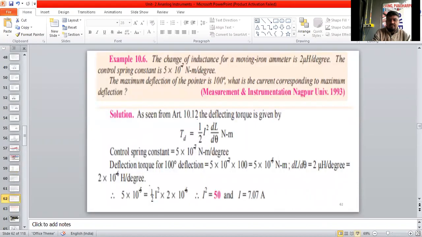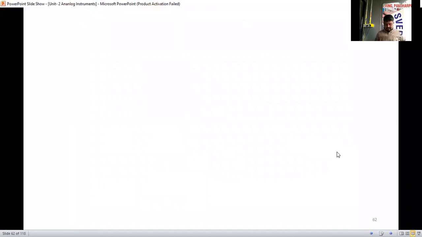So this problem we have solved in the last class, yes? In the previous class, I gave one problem for you people to solve. I don't know how many of you solved that one.